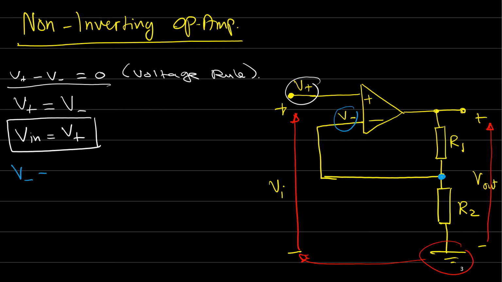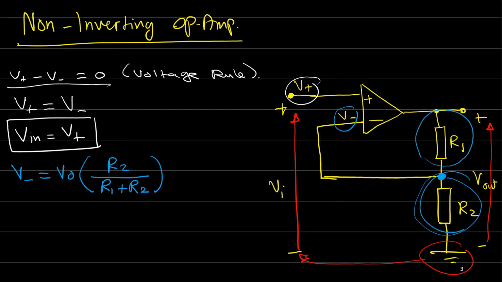V minus is equal to V out times R2 over R1 plus R2. Okay, so the voltage here, V minus, is equal to this resistor over this plus this, times V out.